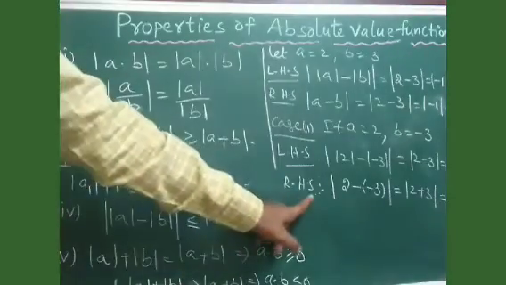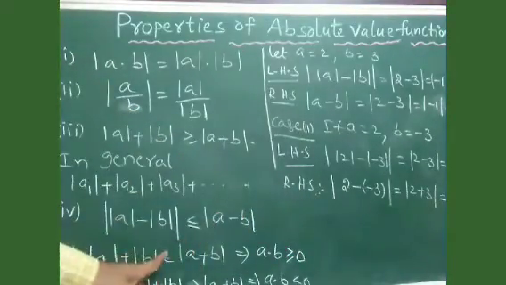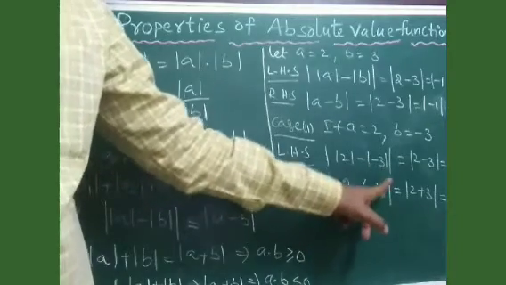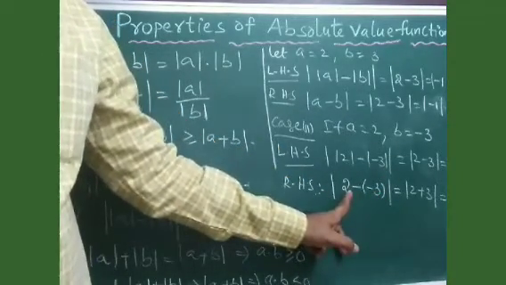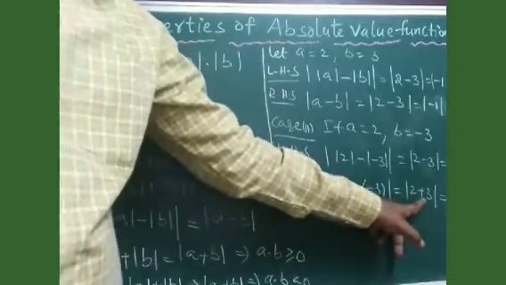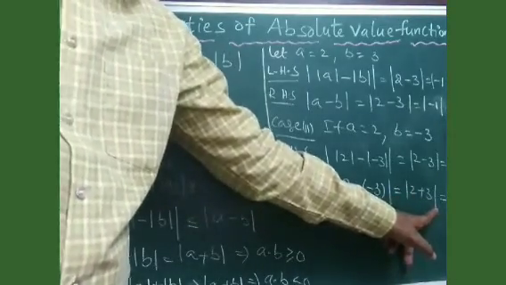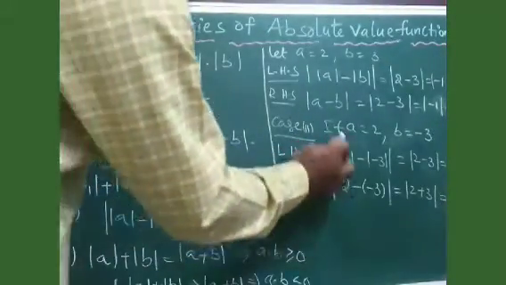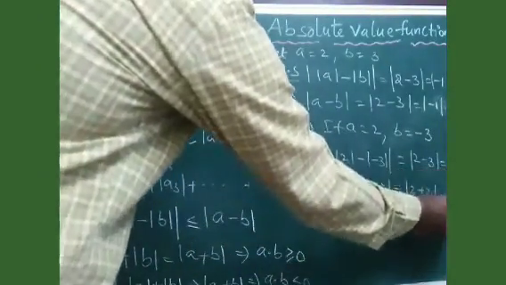And if you go for RHS, that is modulus of A minus B, we required. So A minus B value is 2 minus of minus 3, which will be plus 3, which is modulus of 5, and finally 5. Now in this case 2, we can say that 1 is less than 5.